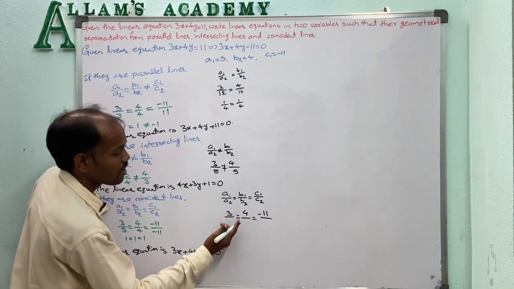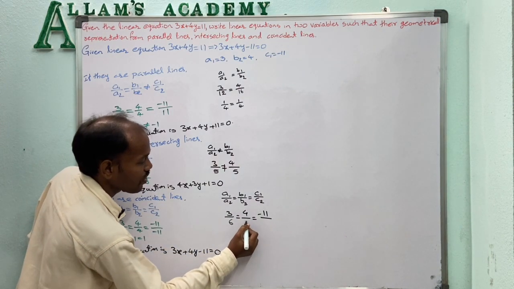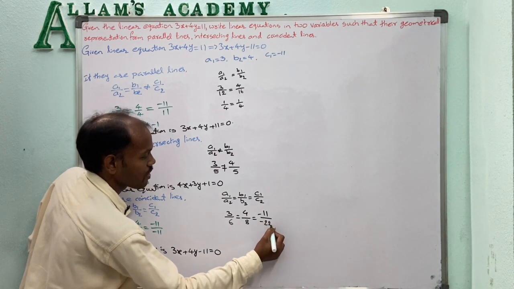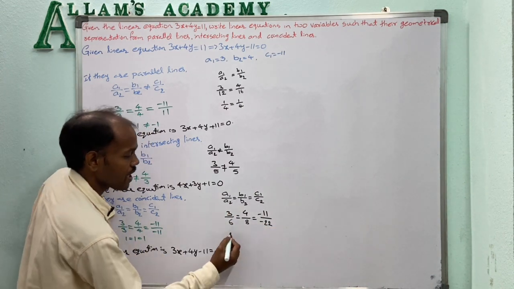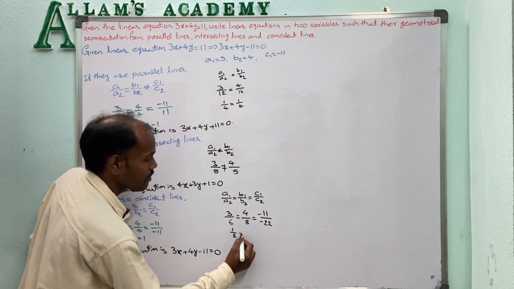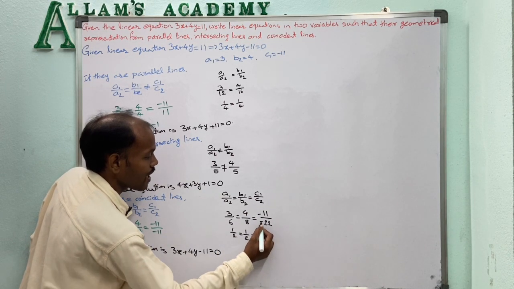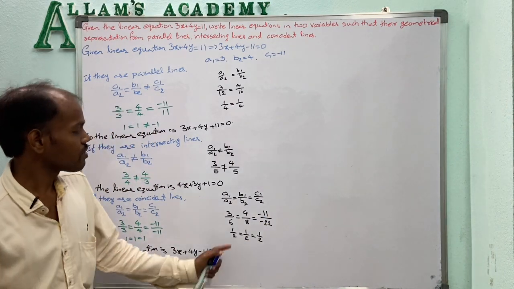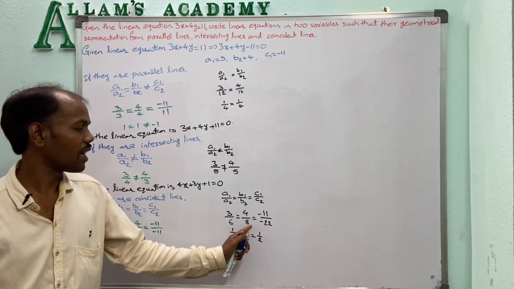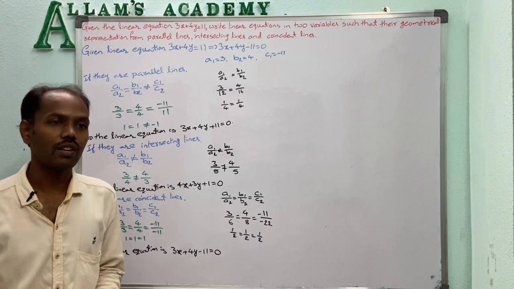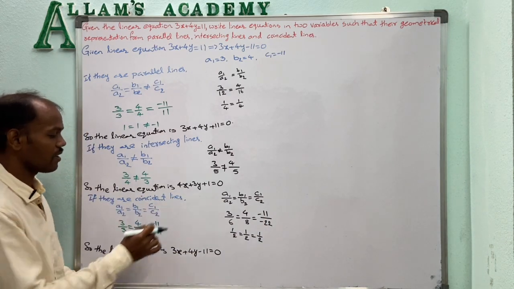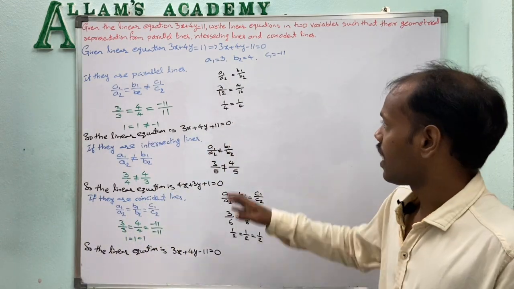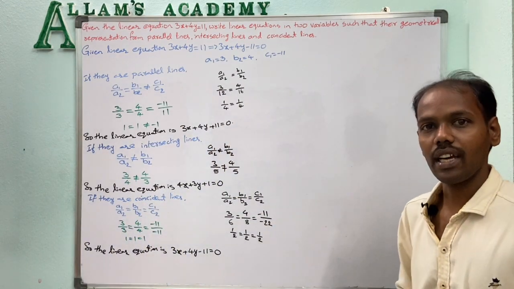For example, 3 twos are 6, 4 twos are 8, minus 11 twos are minus 22. The ratio is 1 by 2 here, here also 1 by 2, and here also 1 by 2. So 6x plus 8y minus 22 equal to 0. Then we get coincident lines. Whatever our choices, that one we take.